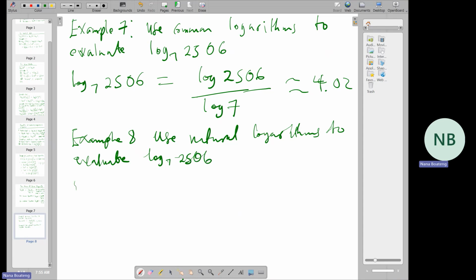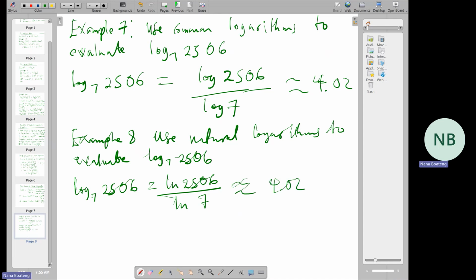So log to the base 7 of 2506 is equal to the natural log of 2506 divided by the natural log of 7, which is approximately also equal to 4.02. So using common logs or natural logs, we get the same thing.